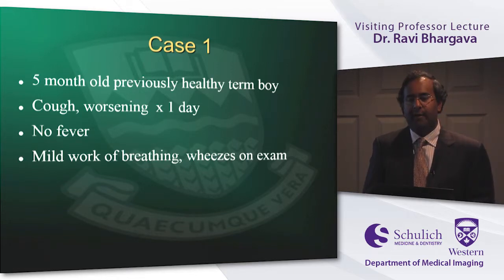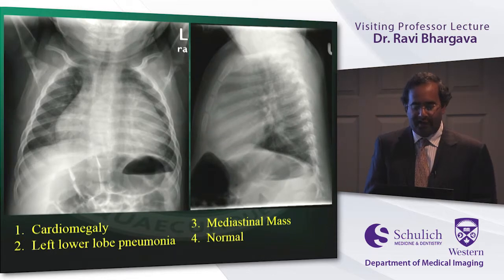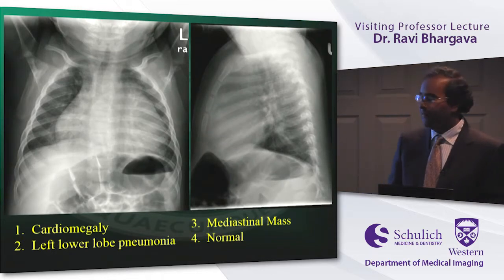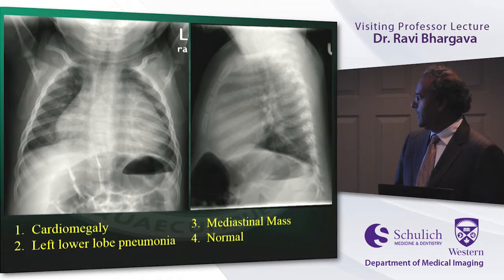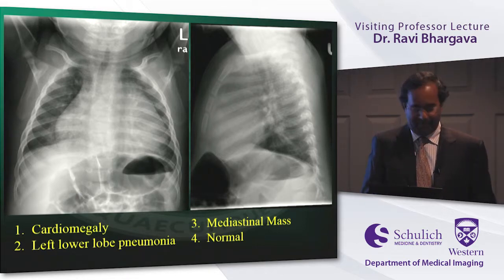The child didn't have any fever, there were some wheezes on examination, and the child was felt to have a little bit of labored breathing, and was sent for a chest x-ray. So here are the radiographs, a PA and lateral. We have choices here of cardiomegaly, left lower lobe pneumonia, mediastinal mass, or a normal exam. So what do you think?